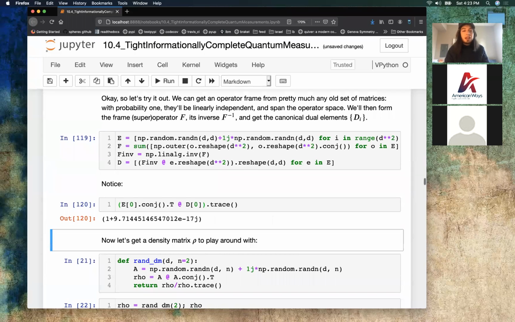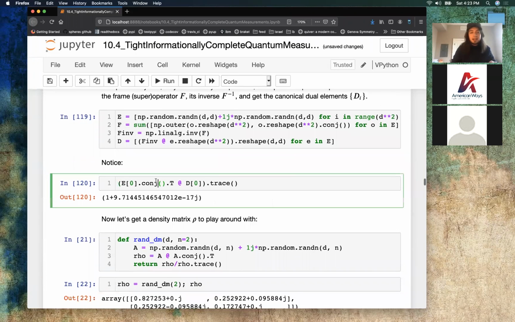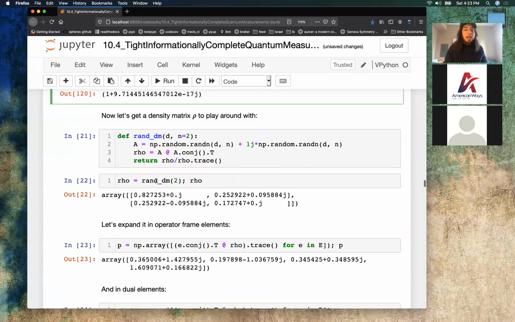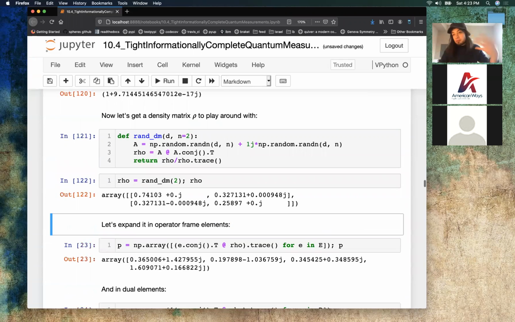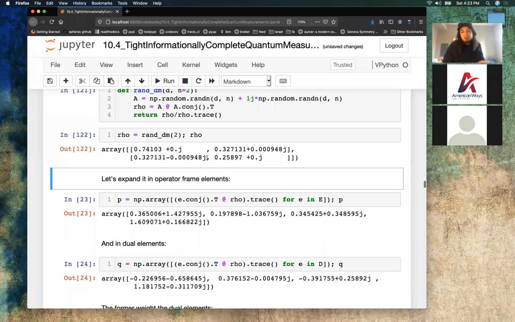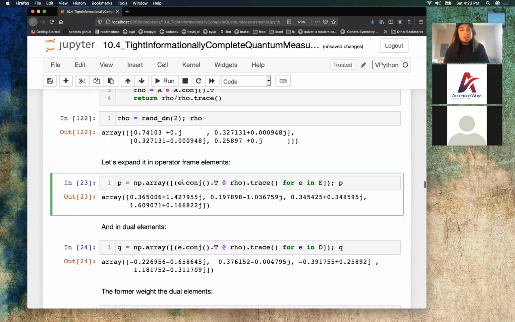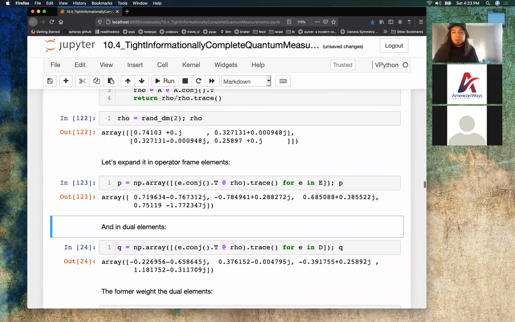So we get that. And when we do this, we can see that the inner product between an element and a dual is just 1. And if we choose a random density matrix, here it is, rho, we can expand it in operator frame elements.